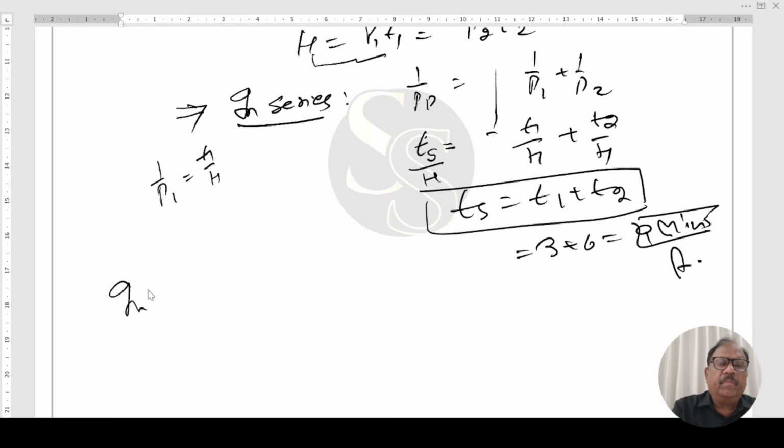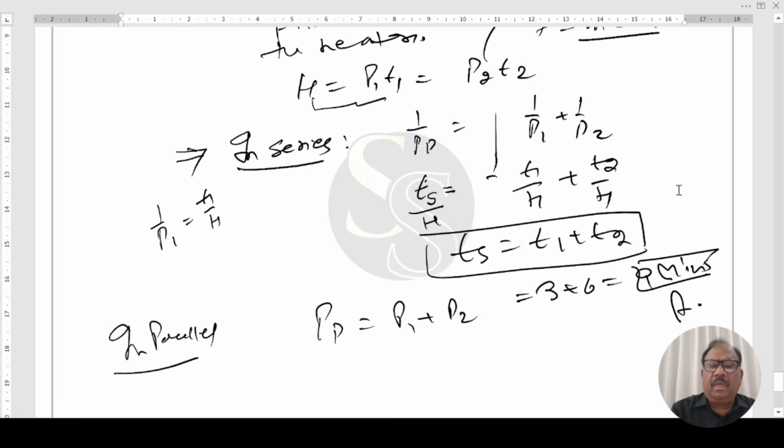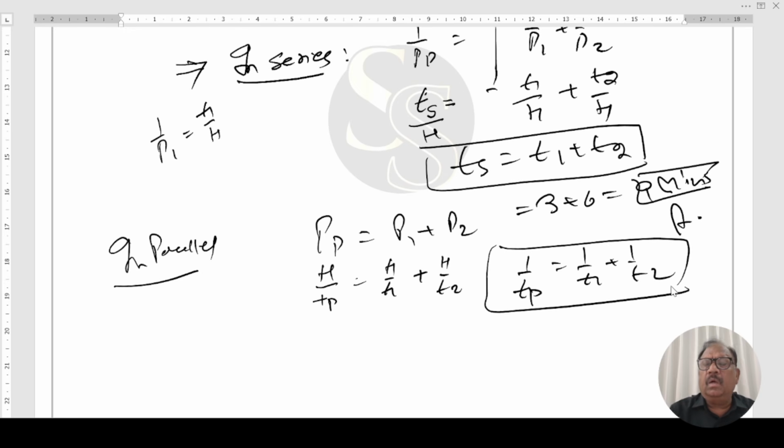In parallel, you know, P equal to P1 plus P2. From this, heat is same, H over Tp equal to H over T1 plus H over T2. That is 1 over Tp equal to 1 over T1 plus 1 over T2. This is the formula.